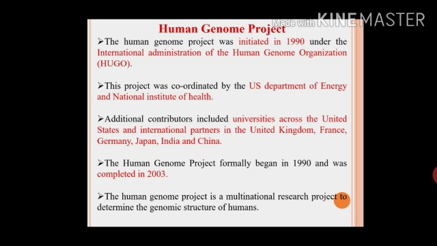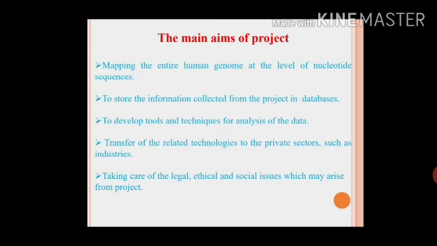The Human Genome Project is a multinational research project to determine the genomic structure of humans. Now, let us study about the main aims of the project. First, mapping the entire human genome at the level of nucleotide sequences.